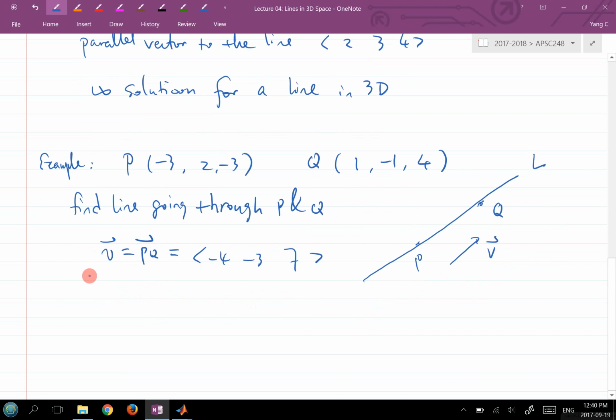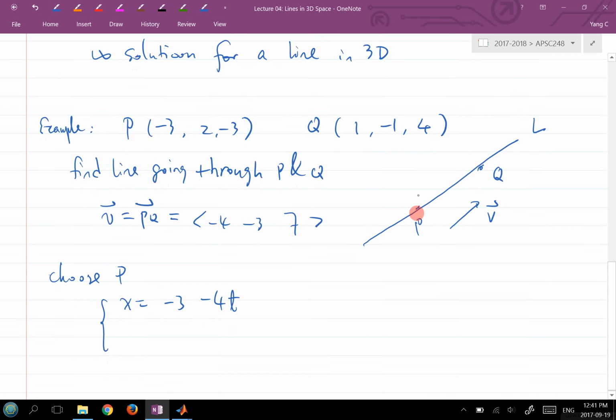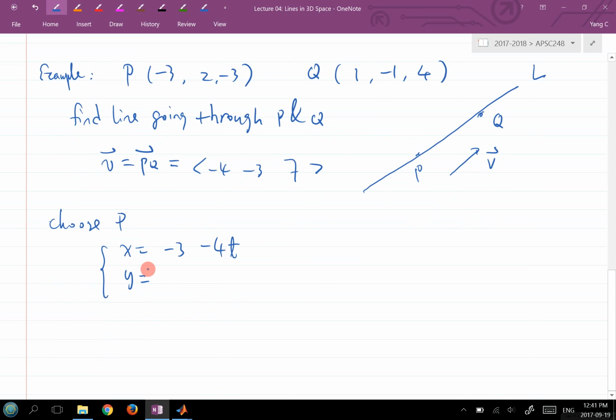This is where you probably end up with a different answer. If I choose point P to form the equation, then x equals -3 plus (-4)t, using a different parameter t this time, y equals 2 minus 3t, and z equals -3 plus 7t.